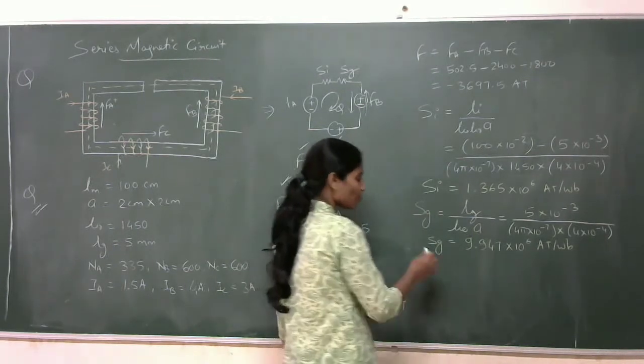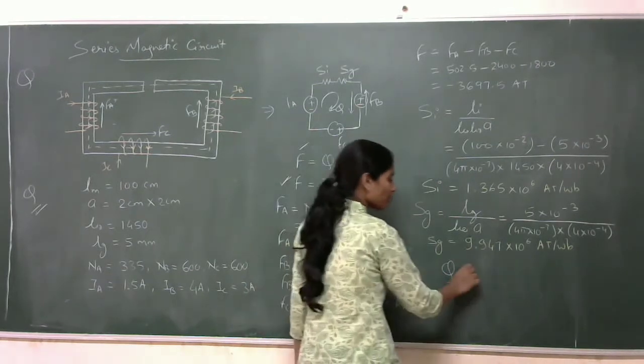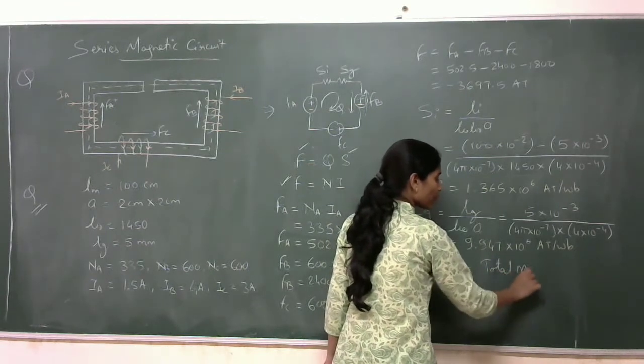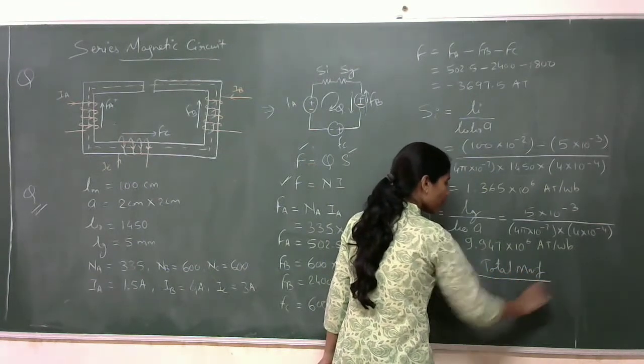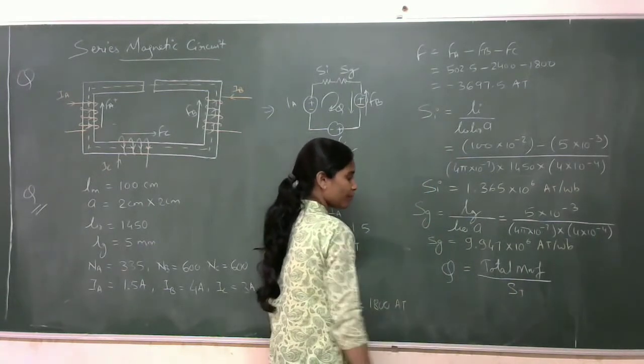What we have to calculate is the value of flux. Flux can be taken as the total MMF, what we have calculated just now, divided by total reluctance, that is the summation of S i plus S g.